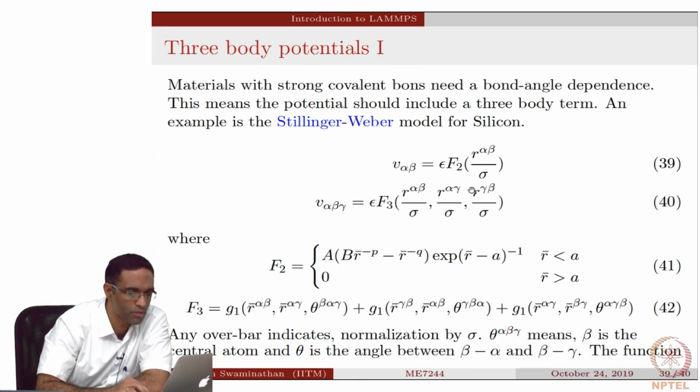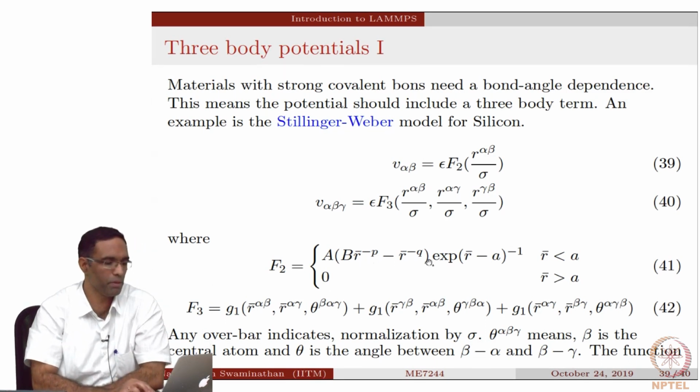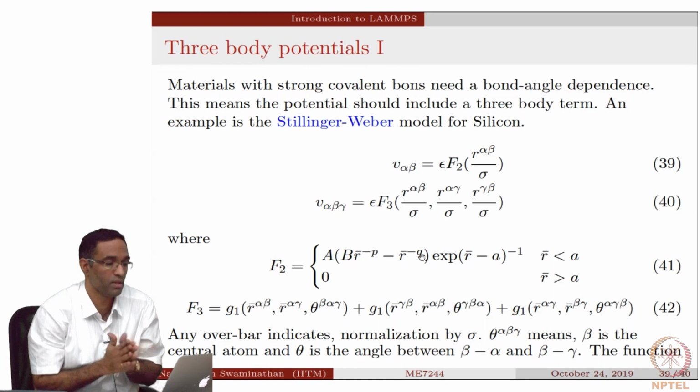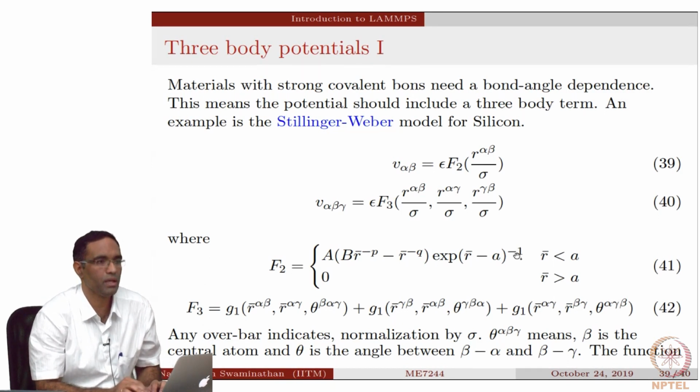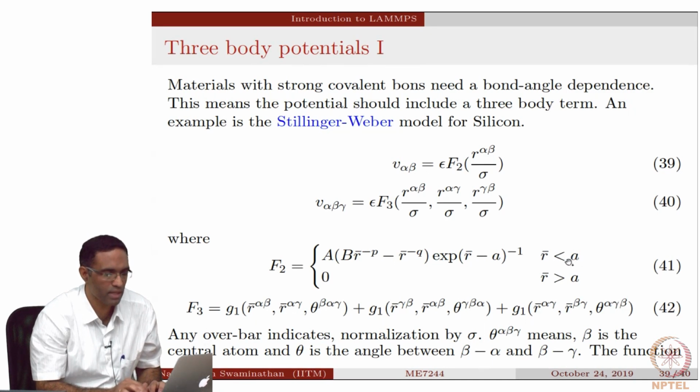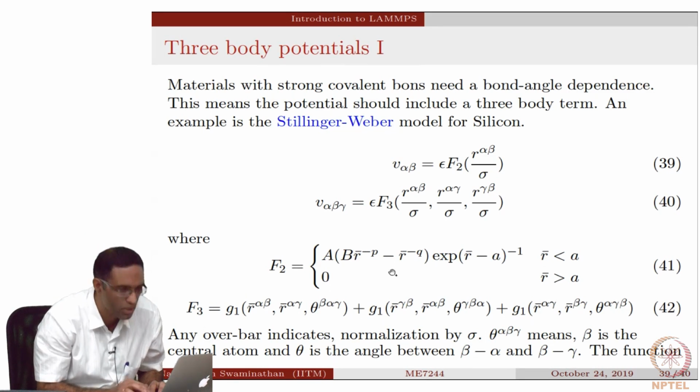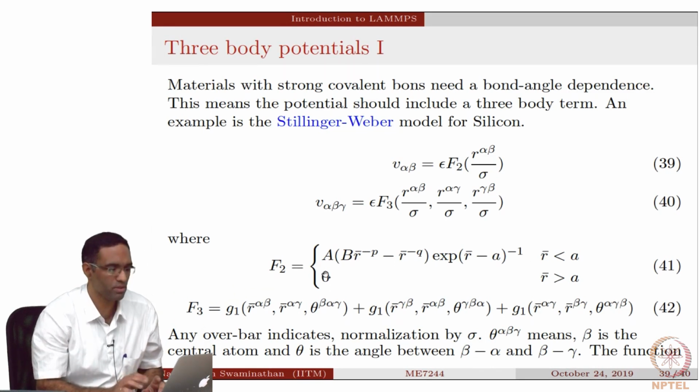So F2, which is basically the two-body term, simply depends upon the position and this power P, power Q, which looks just like your Lennard-Jones potential, except that P and Q are not 12 and 6, and you have this additional exponential 1 over (R bar minus A) term creeping in. As long as R bar is less than A, you have this potential, otherwise it's 0.